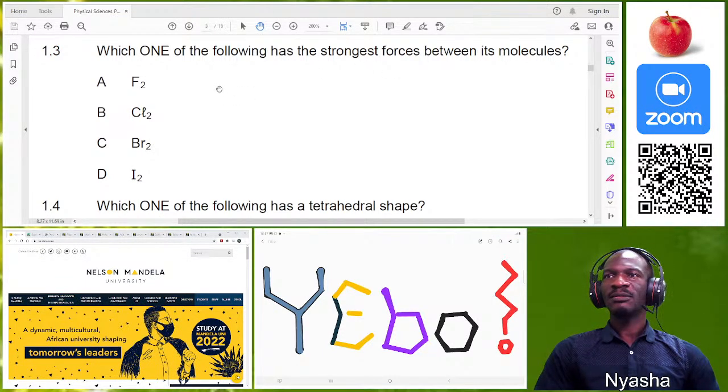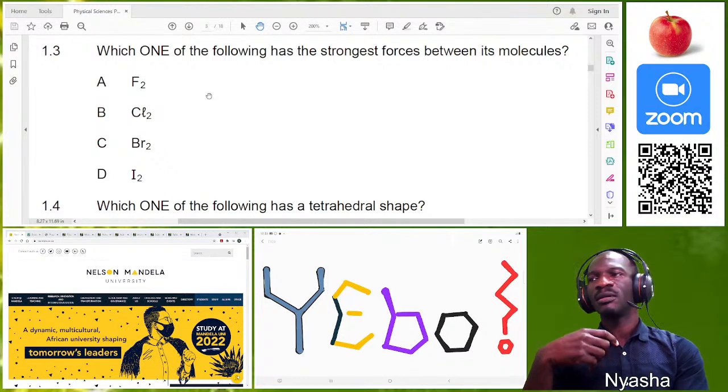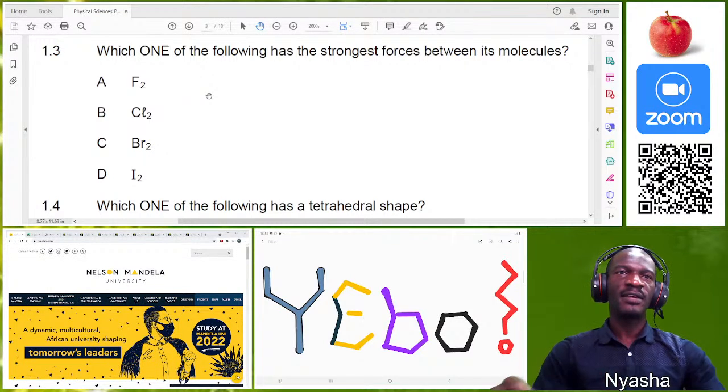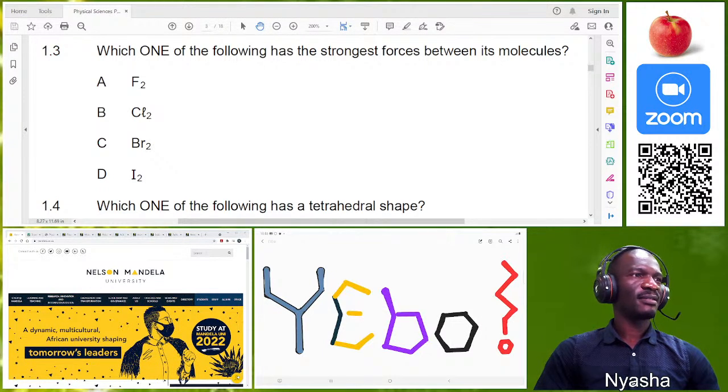Now, whether they are gas or in the liquid state, we have not been told, but we obviously have some basics in chemistry to read through so that we can relate to the temperatures at which they are in a certain phase. But the question here is, which of these has the strongest intermolecular forces? That's the question.